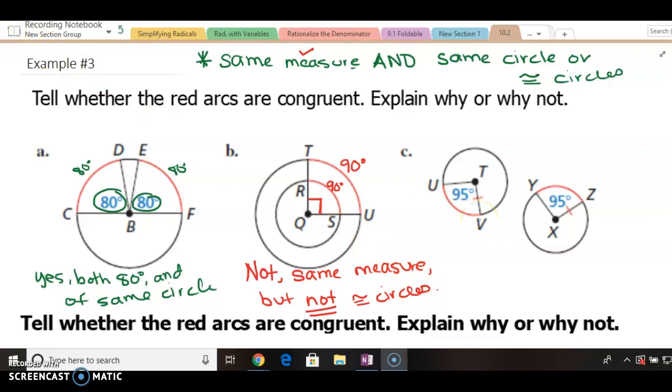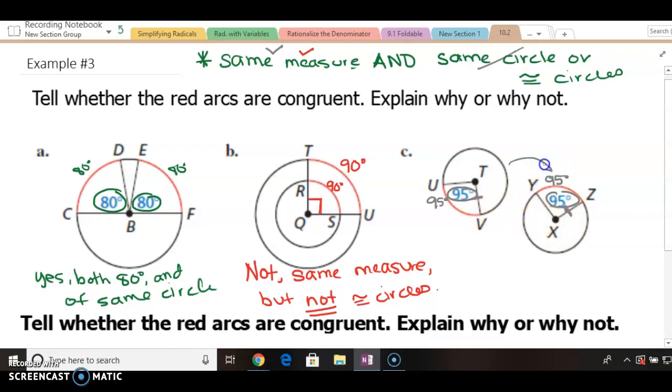All right, then if I look at C, well, 95 and 95, so this is 95 degrees, this is 95 degrees. So they have the same measure. They're not of the same circle, but notice the radius of each circle is congruent.